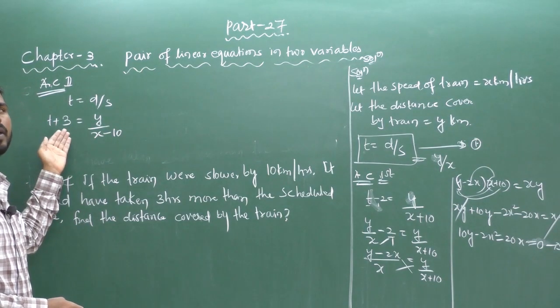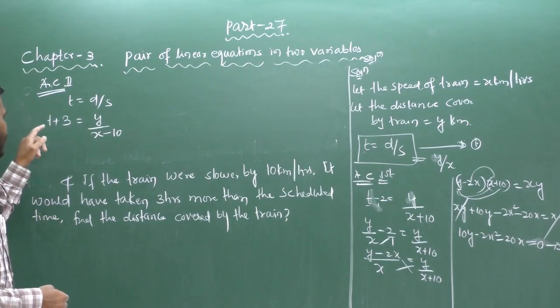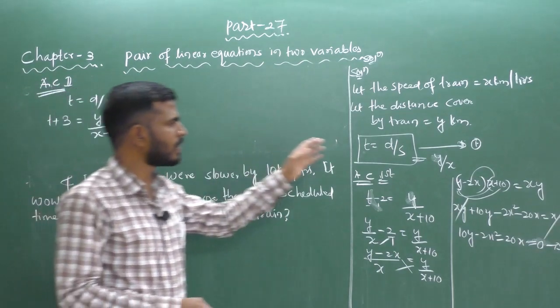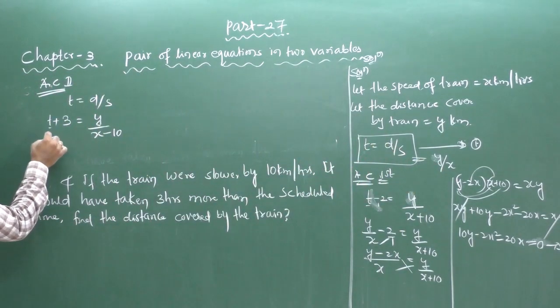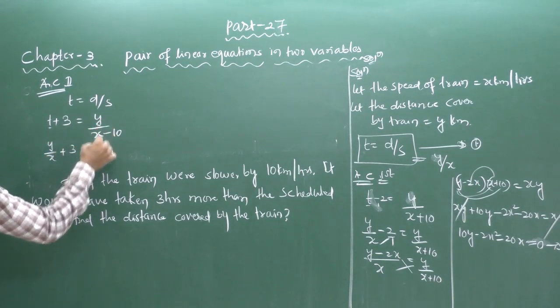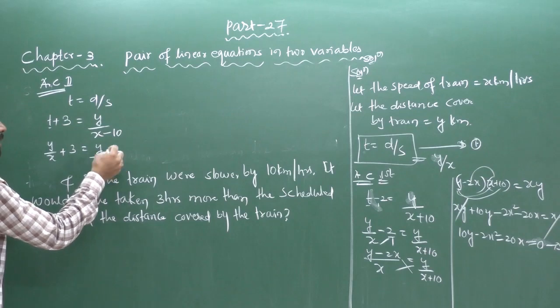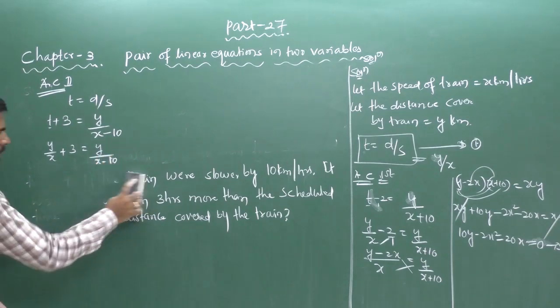That is 3 hours. It will take more to cover the same distance, that is plus 3. So what is the equation? T means formula y divided by x, plus 3 equal to, same, you have to write here y divided by x minus 10. So the remaining part I am writing.